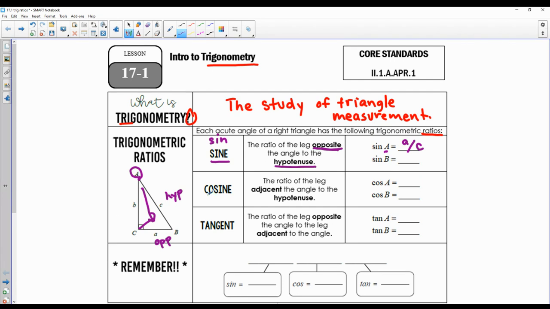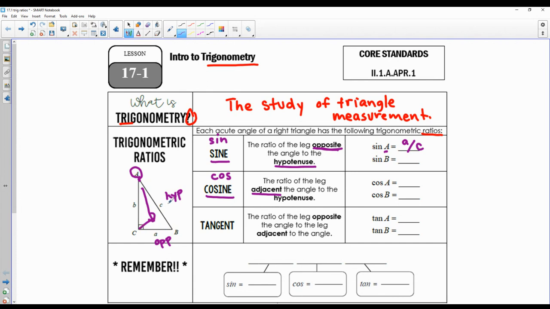We're going to go on to the cosine. Again, they shorten this one in the calculator and it's spelled just cos, but it really stands for the cosine. This is another ratio. It's the ratio of the adjacent side. So when I label my triangle, which is what you're going to want to do first every single time, I always go to my angle, go across from it, and call that the opposite.